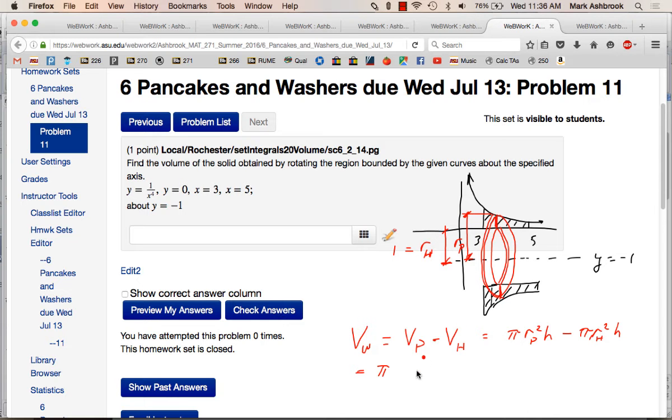What is r sub p? So that's what we're doing here. R sub p is a change in y. So what is this? This is y equals 1 over x to the 4th.